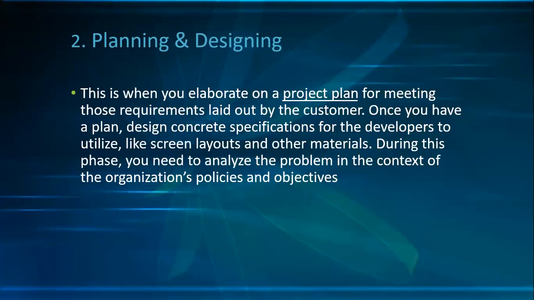Then that takes us to the next phase, planning and design. This is when you elaborate on a project plan for meeting those requirements laid out by the customer. So now the customer has asked for long grain rice. He said don't make it soggy, I want it pure white, it should be crispy.